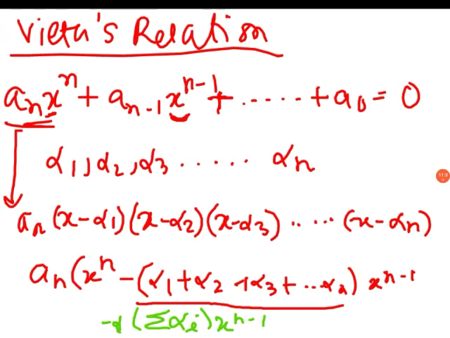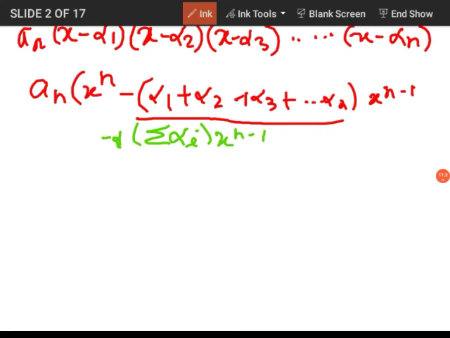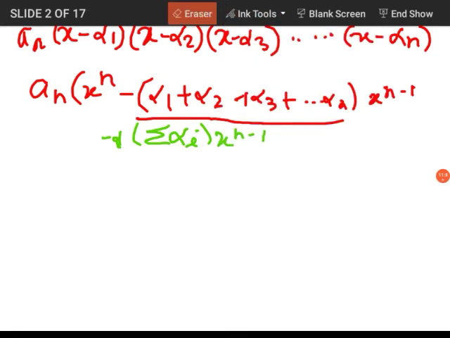Similarly, if you move on a bit, the next term, that is the coefficient of x raised to the power n minus 2, will come out to be alpha 1 alpha 2 plus alpha 2 alpha 3, like this. Or how I can write this is the sum of the roots taken 2 at a time, and now here it will be plus. Why?